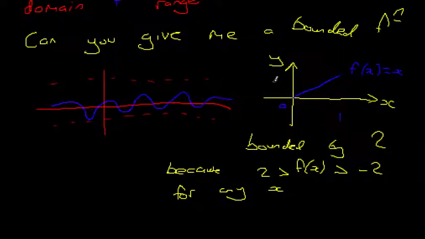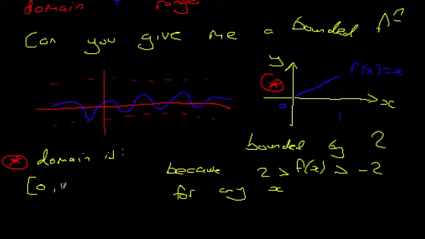Let me show how these relate to each other. So the domain is this set. This is the closed interval from 0 to 1. So like a half, you could have 1 over pi, any real number between 0 and 1, including 0 and 1.